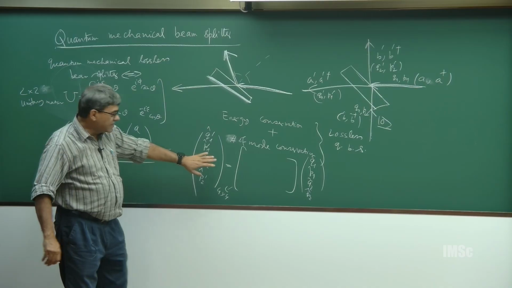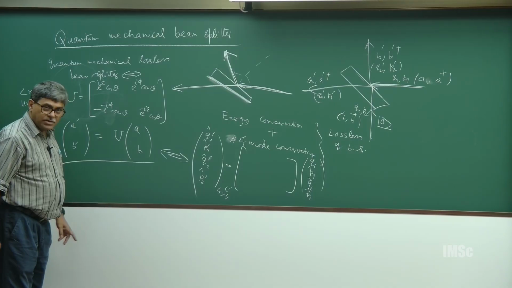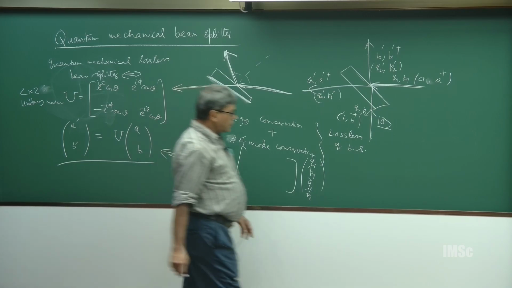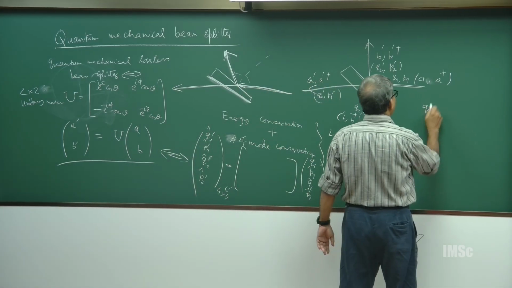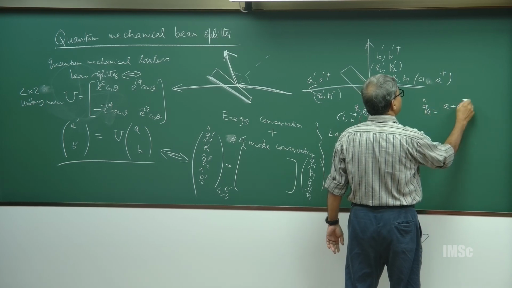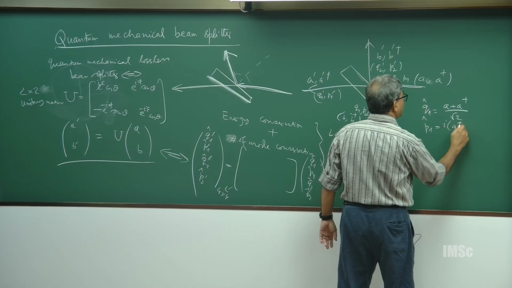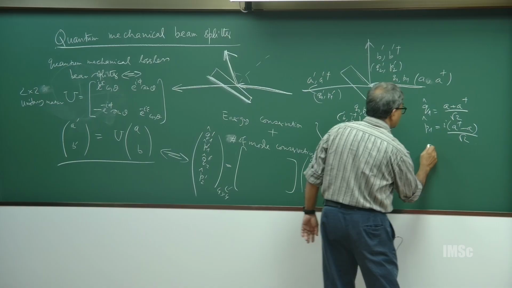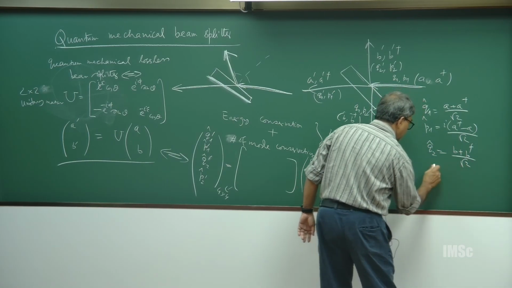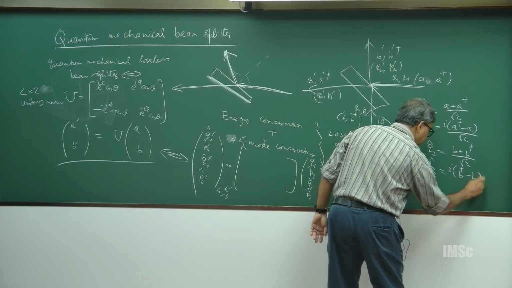So you can verify that these are the same. You can write Q1 as a plus a dagger by root 2, P1 as i times a dagger minus a by root 2, Q2 equal to b plus b dagger by root 2, and P2 equal to i times b dagger minus b by root 2.